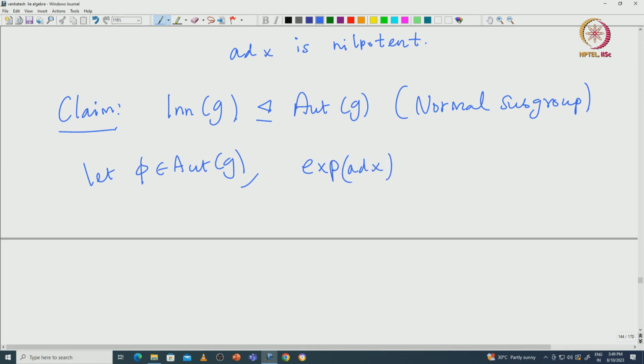So, it is enough to do it only for the generator. So, you just take this exponential of ad x inside the inner automorphism group of G, where this x is ad nilpotent.